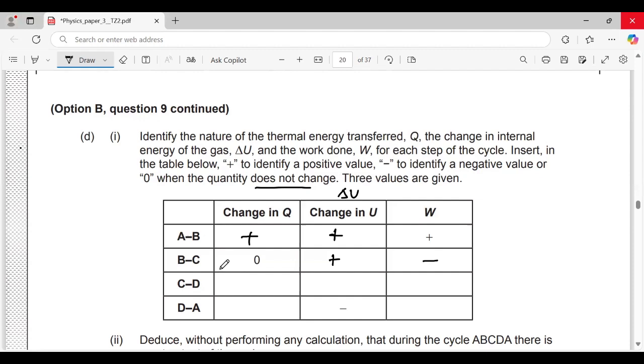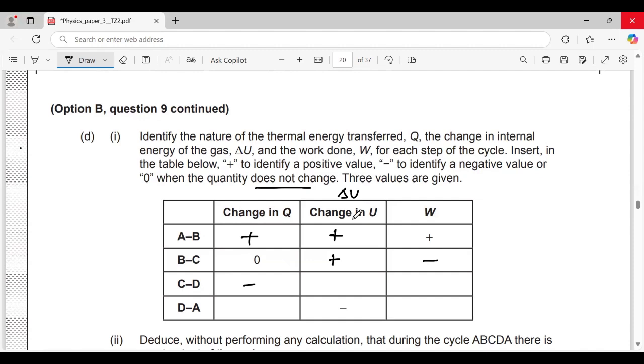The third process, or the third column, is isobaric compression from C to D. Now, about thermal energy transfer, change in Q. In an isobaric process, heat is removed to compress the gas. So the thermal energy is transferred out of the system. The transfer out of the system means Q less than zero, the sign is negative.